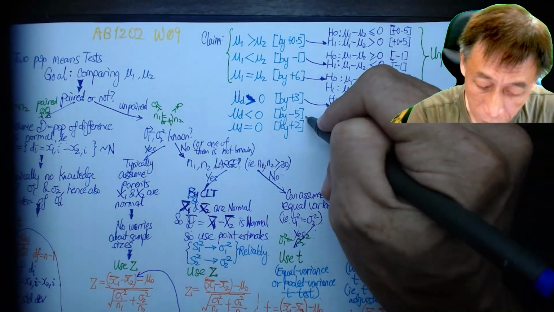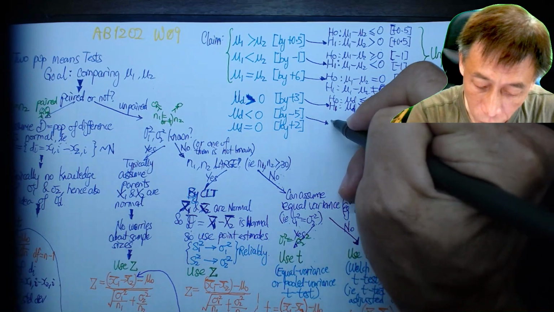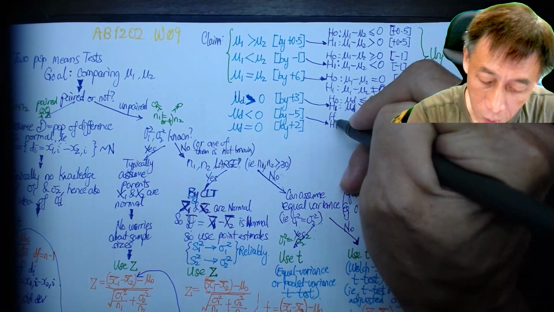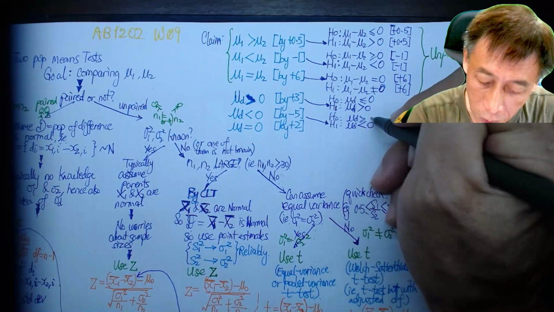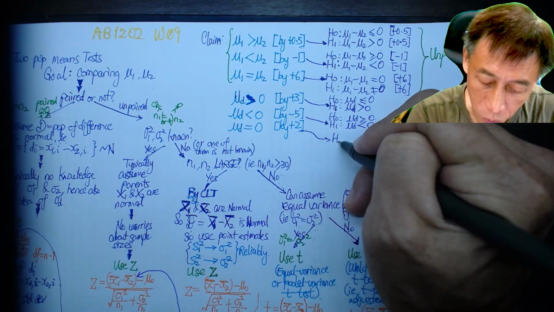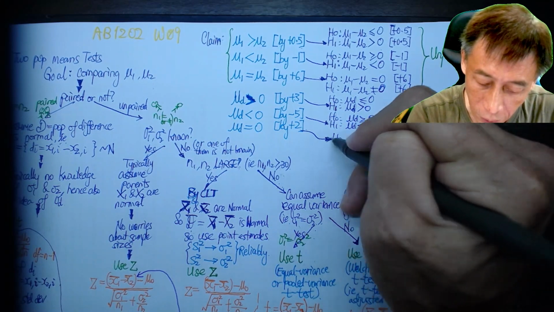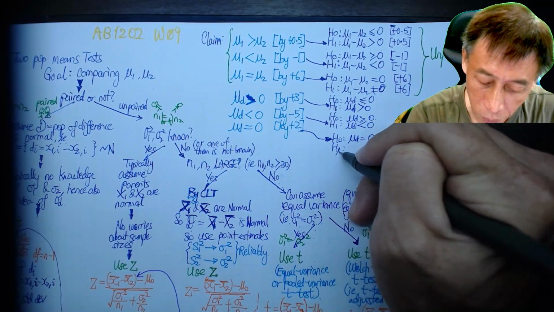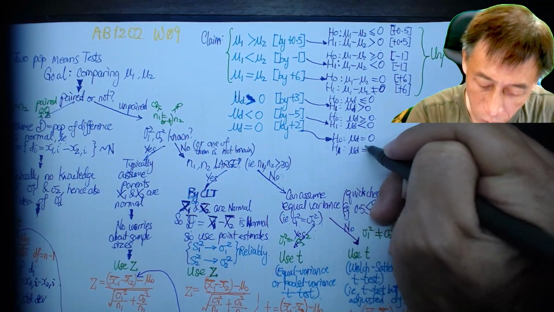Yeah, and this will put the claim into H1 as well. Mu D is less than 0, H0 mu D is greater or equal to 0. And finally, this is an equality test. So we put it into H0 itself. Mu D equals 0. H1 is mu D not equal to 0.